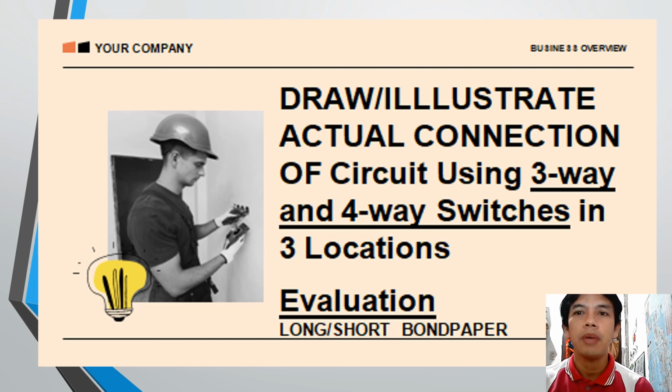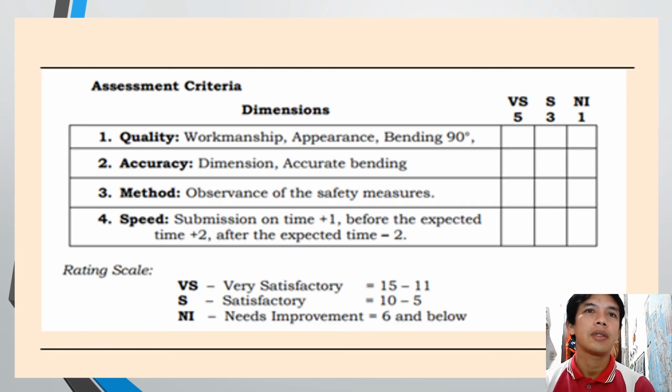So I have here a rubric. This is my basis for your output in your developing mastery and your evaluation. So you will submit two outputs or activities to me during the distribution and retrieval of modules. I will record your actual performance.